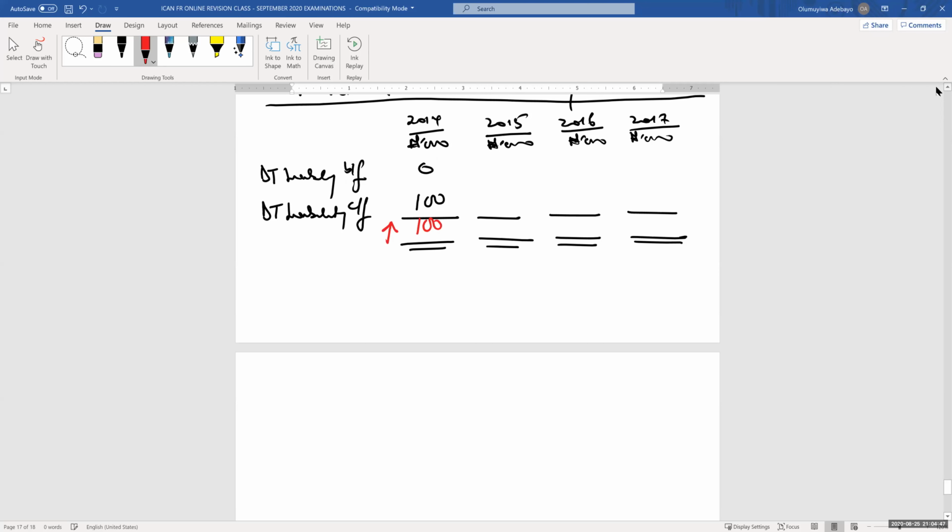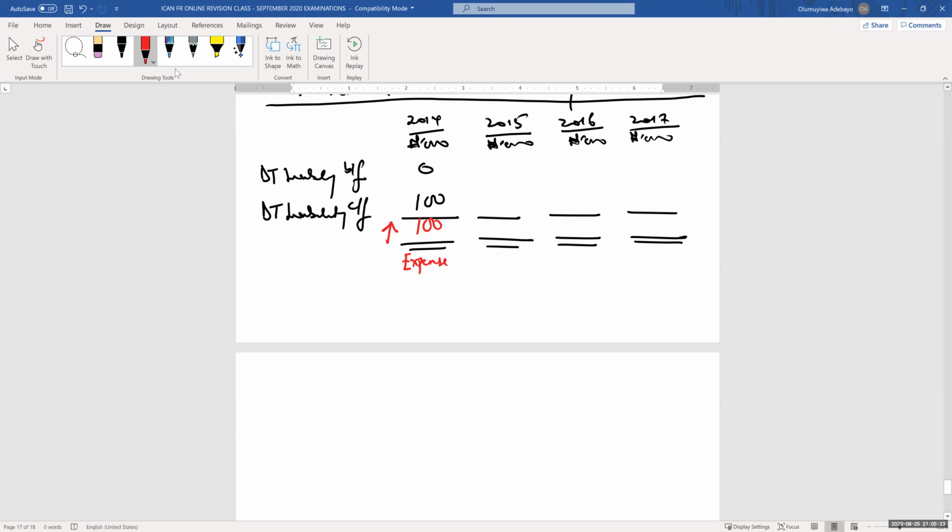Now, an increase in liability will be considered an expense or an income? From your conceptual framework, remember the definition of an expense. An expense is a decrease in equity, attributable to a decrease in an asset or an increase in liability, other than distribution to equity participants.